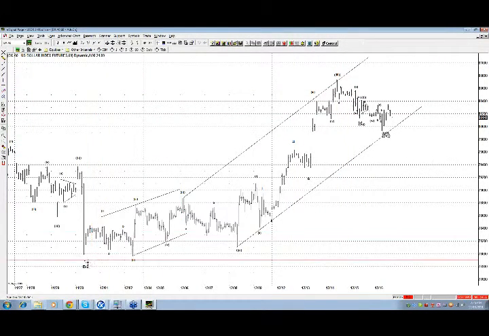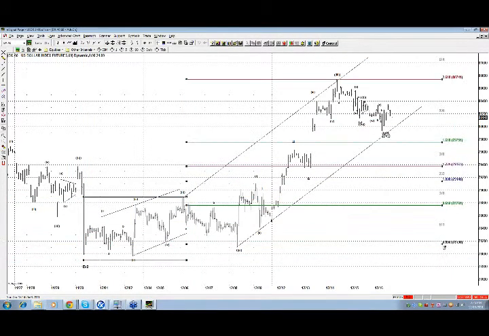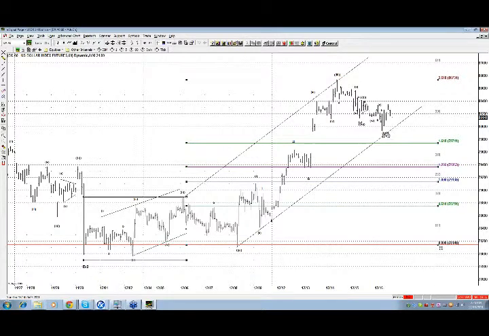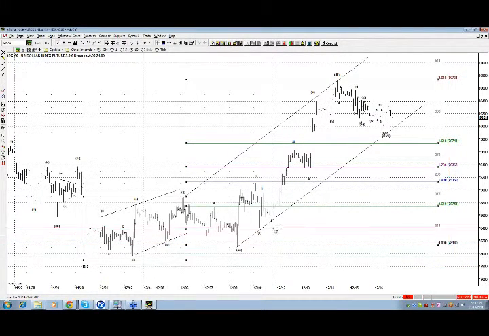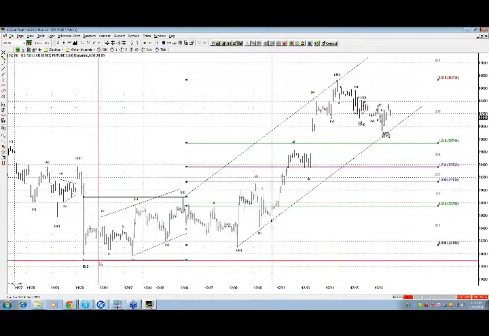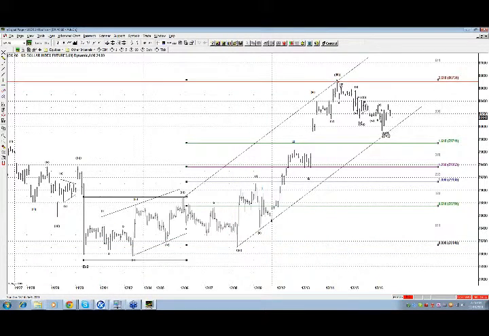If you take the Fibos, I don't see a very good one. It ended at the 261. It ended. I don't see a very good relation Fibo-wise right here in this one, but this one is pretty nice. It goes 5, 3, 5 to the peak at the 2618.